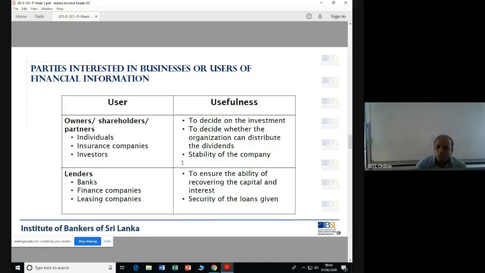So from a user perspective, as a shareholder, what do I want to know? Looking at the financial information of the company, I need to decide whether I'm going to hold this investment or not. Secondly, to decide whether the organization can distribute the dividends. Now, there could be situations where the company might have profits, but they might not have cash to distribute dividends.